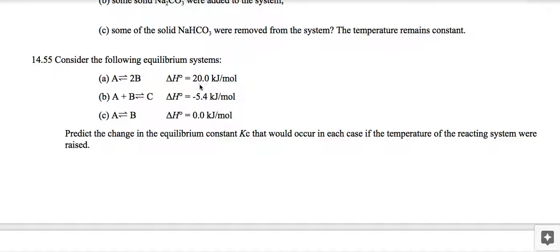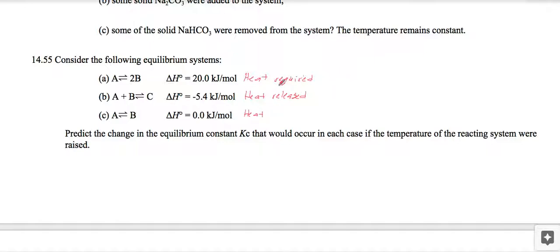So another way to talk about an enthalpy value is to call it heat. Let's use red for heat. This is heat. This is heat. Since it's a negative, it's released. Since it's a positive, it's required.